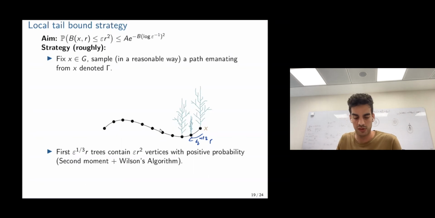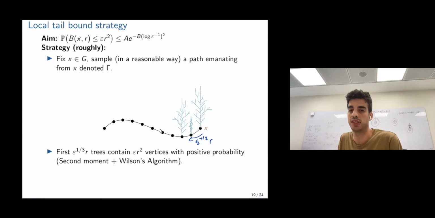And it turns out that using Wilson's algorithm and running a second moment argument, we can indeed get that with positive probability, even better than positive probability, 1 minus a polynomial in epsilon, the first epsilon to the 1/3 r trees contain epsilon r squared vertices, which is a nice thing.